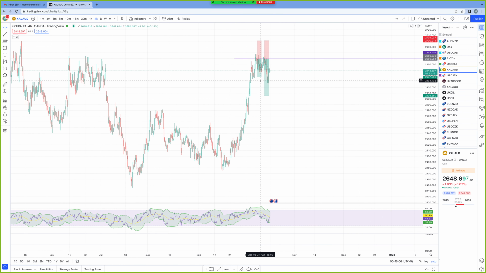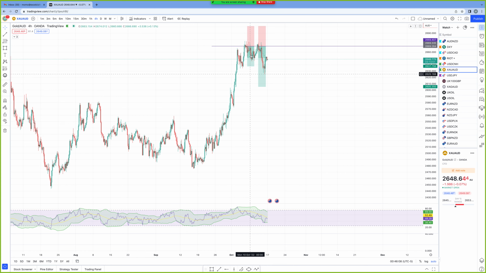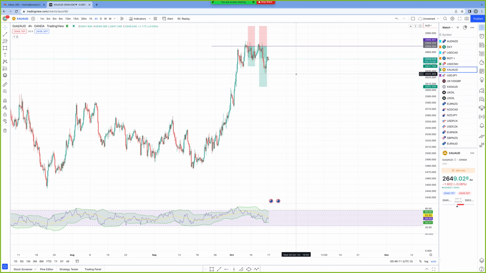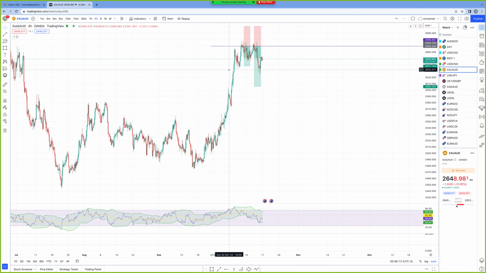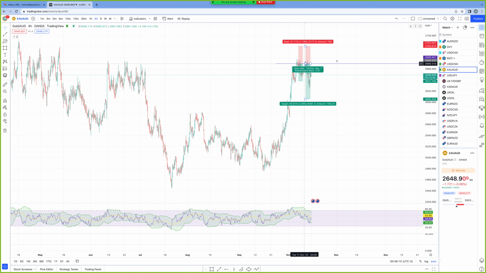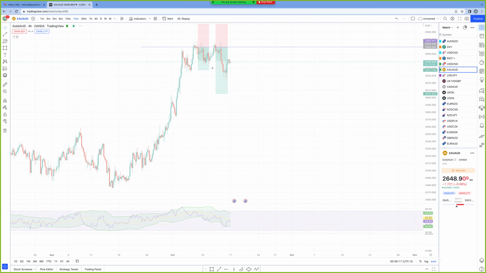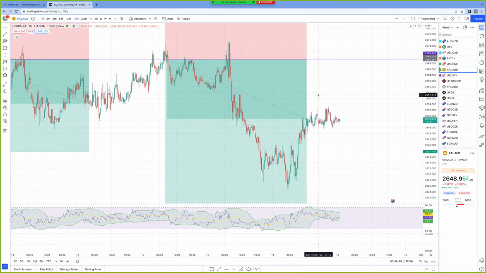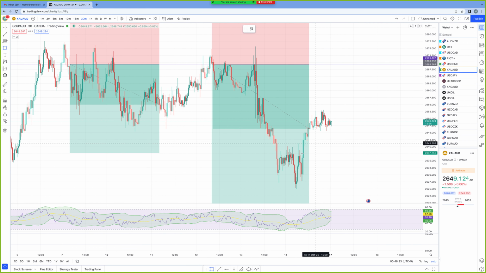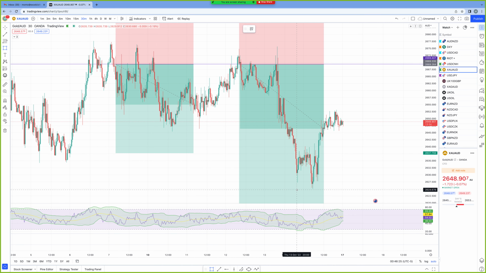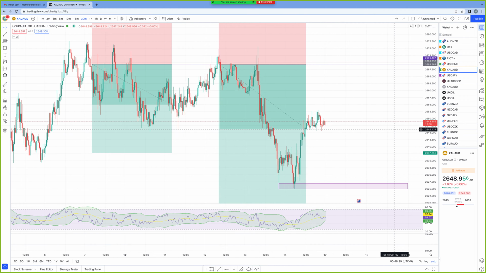No setups here already. The price already pushed up to form a divergence. Right now, it already interacted with this H4 zone. So if we go on lower time frames, all we can look for right now is a setup on the M30, M15 area. Let's do this. We can mark up that zone.